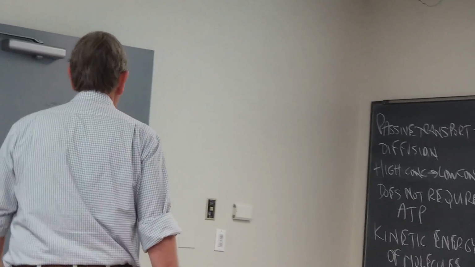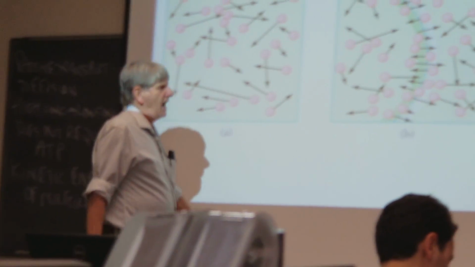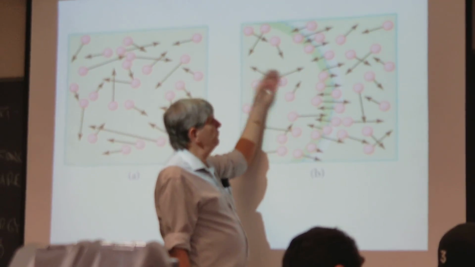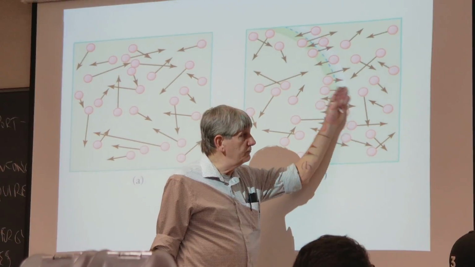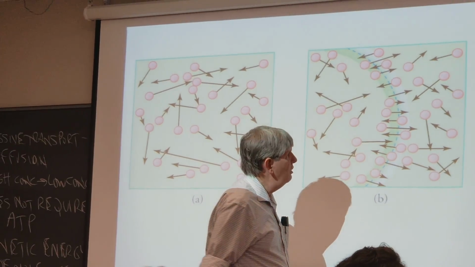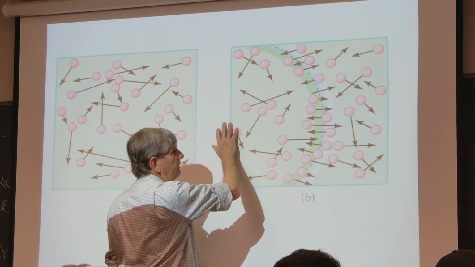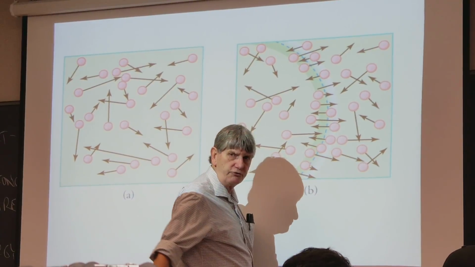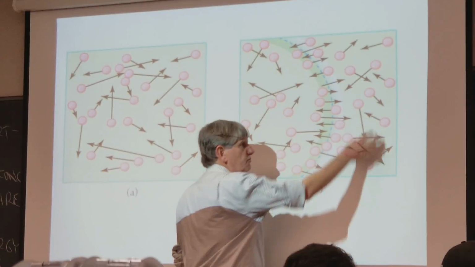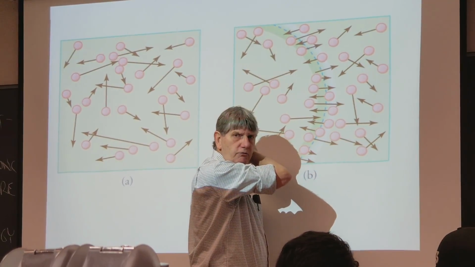Now, when you think about these moving in the context of the cell, when we have a membrane right here, you've got a certain number of molecules on this side, you've got a certain number of molecules on this side. All of them are bouncing off of each other. But as these bounce off of each other right here, they get ricocheted, and some of them make their way to the other side. As these are bouncing around over here, some ricochet back this direction.